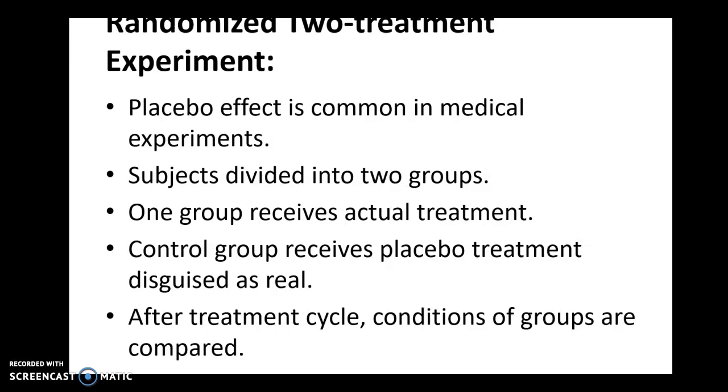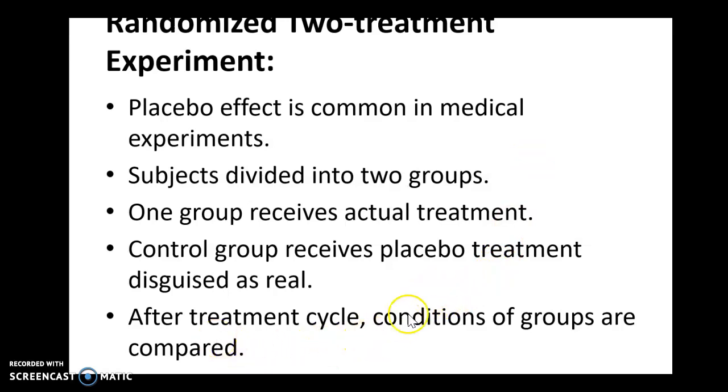Because if the group that's taking the placebo doesn't lose as much weight, then you can say that the weight loss pill works. If the placebo group and the treatment group lose about the same, well, then the treatment doesn't really work. It doesn't do anything. So then why would anybody take the real pill?